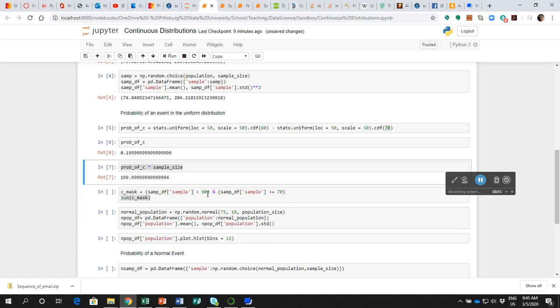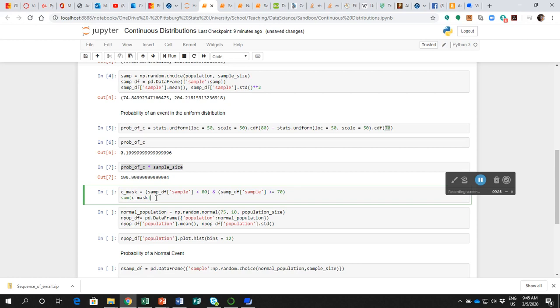In the first condition, I ask which in my sample had a score less than 80, and in the second, which had a score greater than or equal to 70. And I say this and that, meaning both of those happening at the same time. So both of these at the same time are what are in my mask.